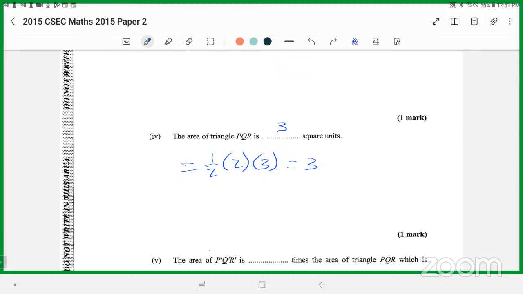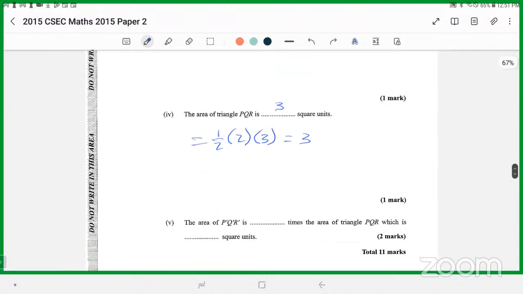All right, that's that. This part says the area of P prime Q prime R prime is something times. How much times? That's the image, you know. This is testing your knowledge now. The area of the image is what times the area of the object. This is like AO, the area of the object, and this is like AI, the area of the image.